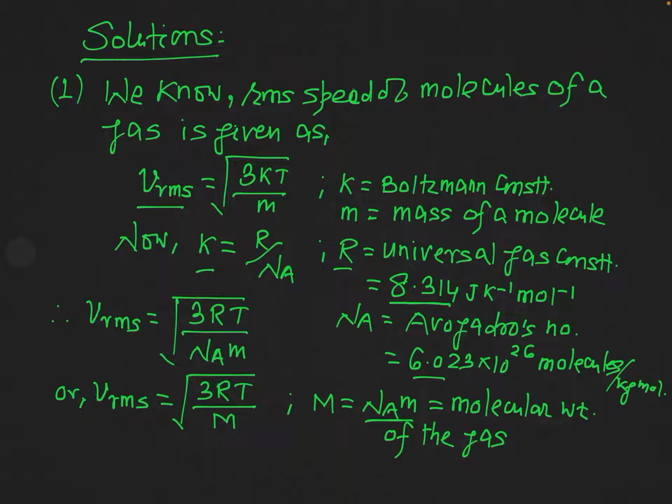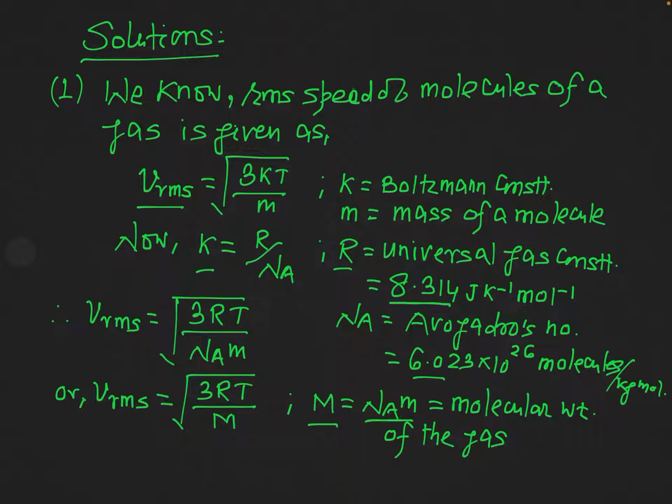So you can also say that this Na into m is equal to capital M, where capital M is the molecular weight of the gas. So in fact we can write the expression for Vrms in this way, that is Vrms equal to the square root of 3RT over M. So you can see the RMS speed of molecules of a gas depends on two factors. First one is temperature and another is the molecular weight of the gas.